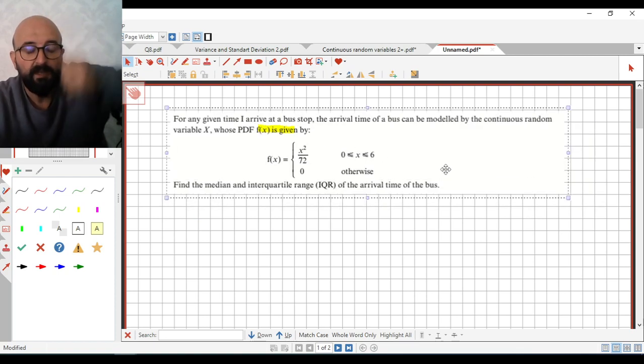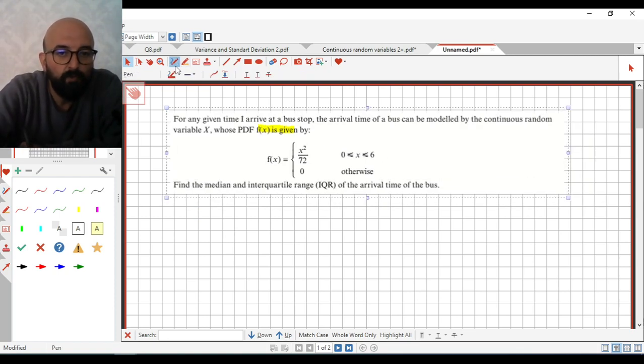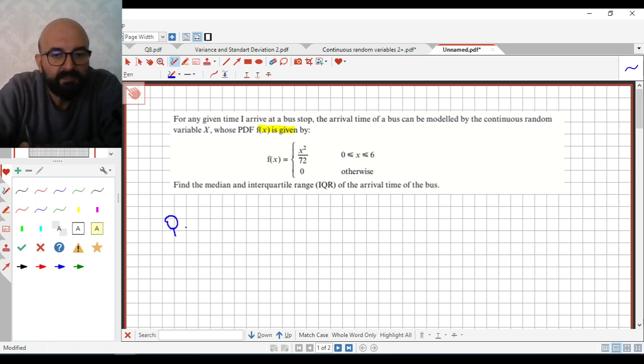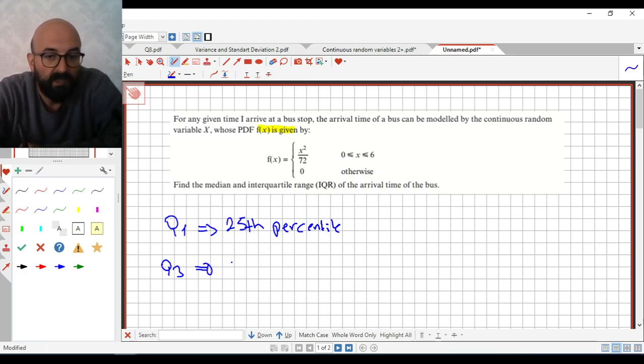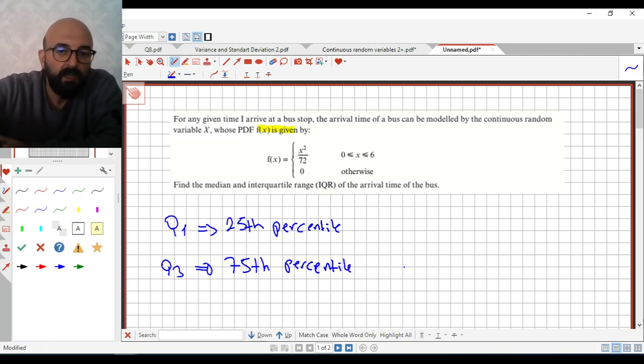Please remember that Q1 means the lower quartile, which is the 25th percentile, and Q3 is the upper quartile, which is the 75th percentile.